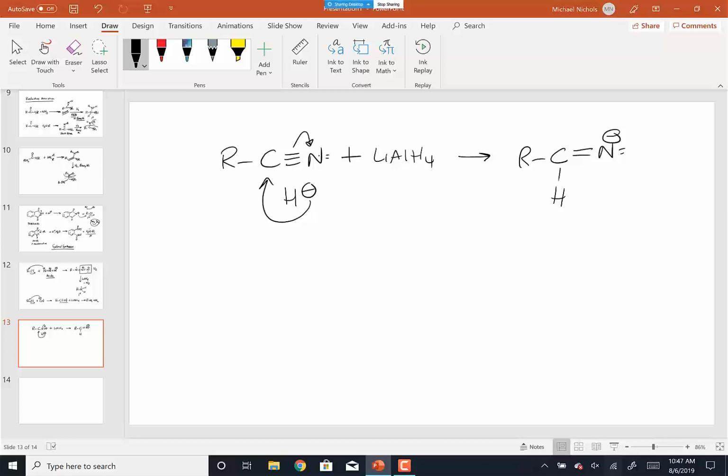So I'm showing the negative charge as the other lone pair. So, let's see, do I want to show the magical step at this point? I could.